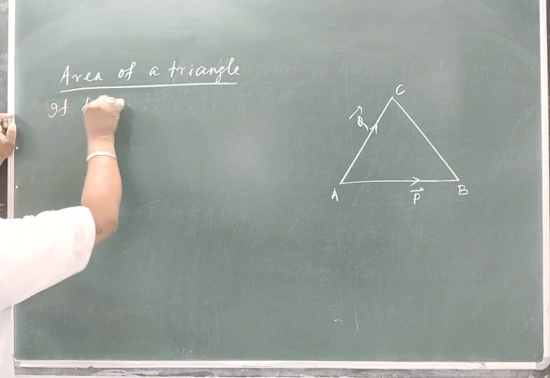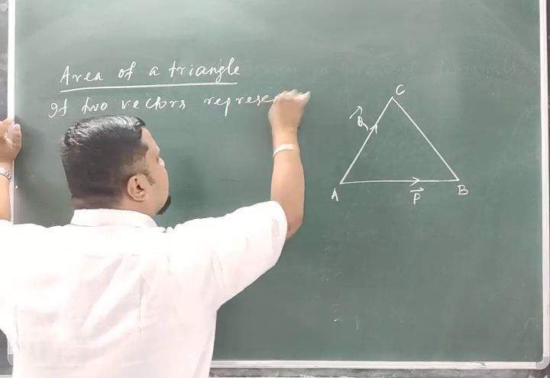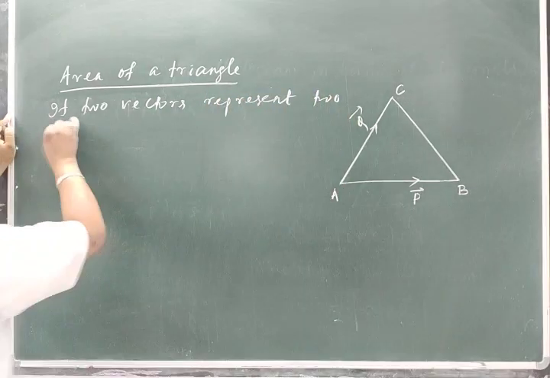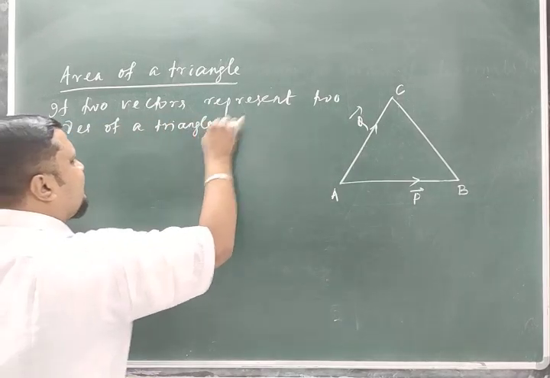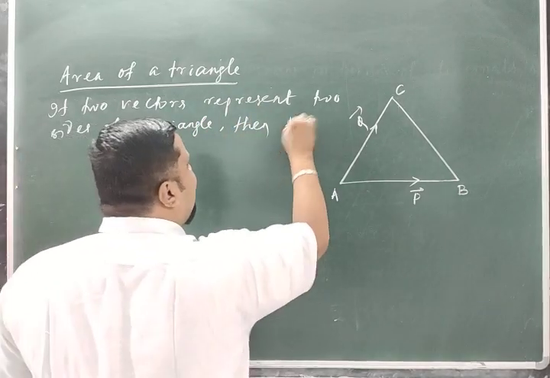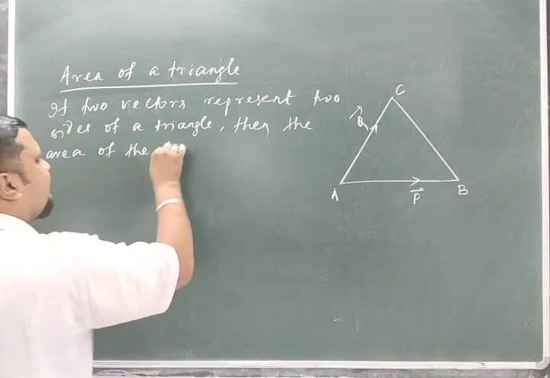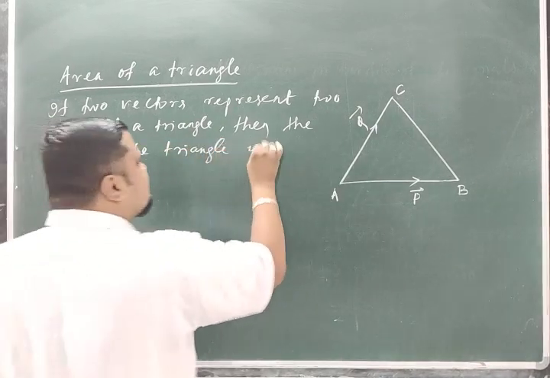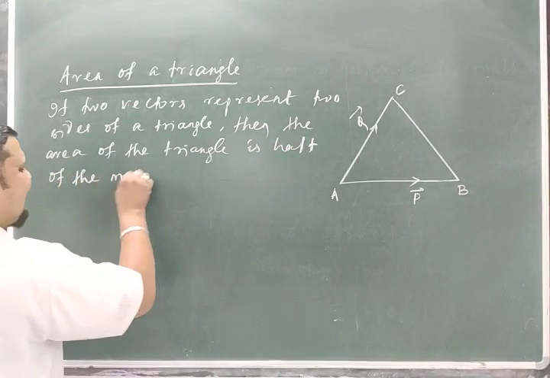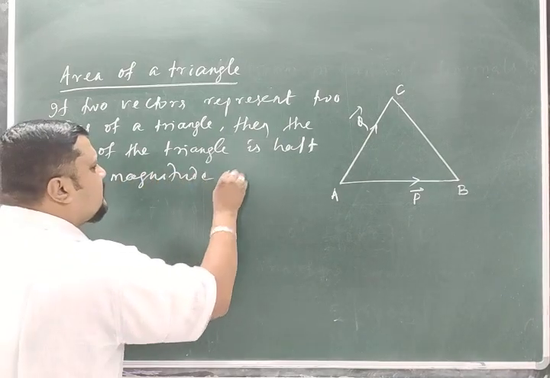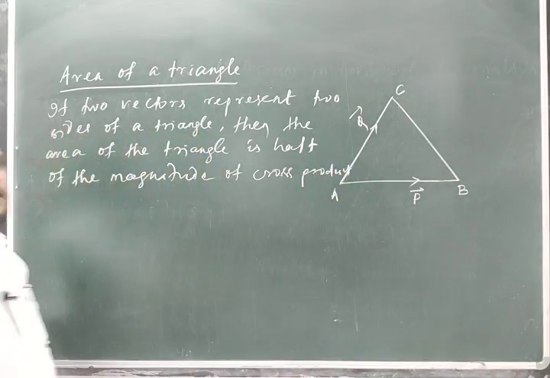If two vectors represent two sides of a triangle, then the area of the triangle is half of the magnitude of the cross product of the two vectors.